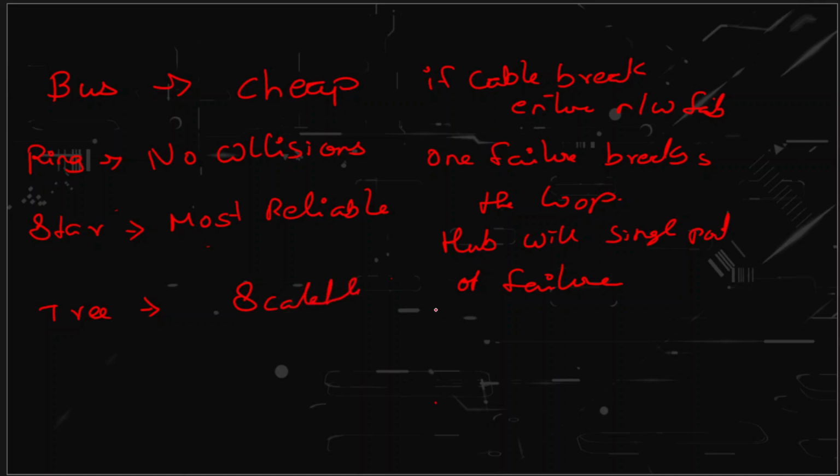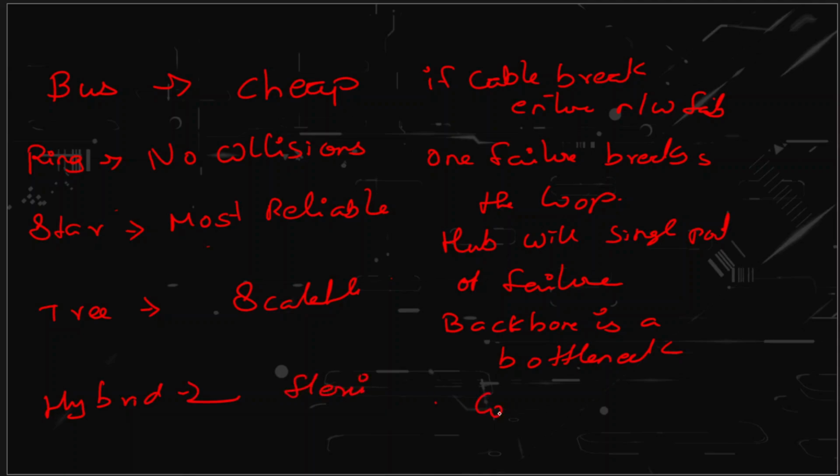Backbone is a bottleneck. Then, last but not least, hybrid. Hybrid is more flexible but complex to design. So these are the summary of this video.